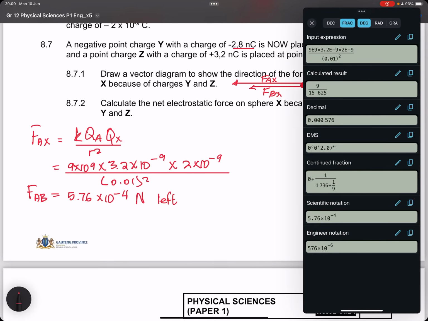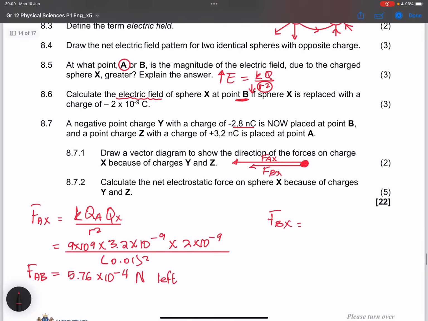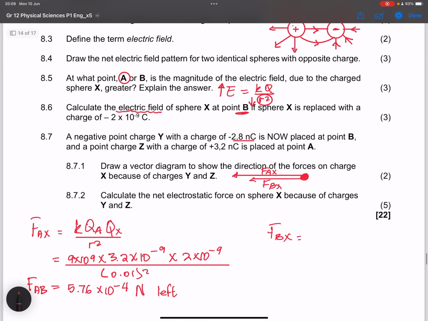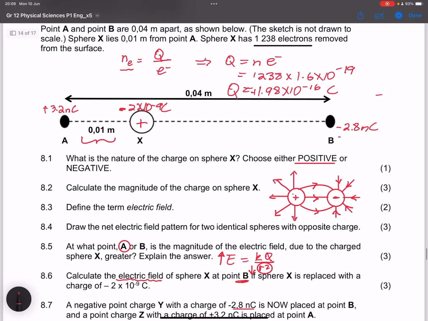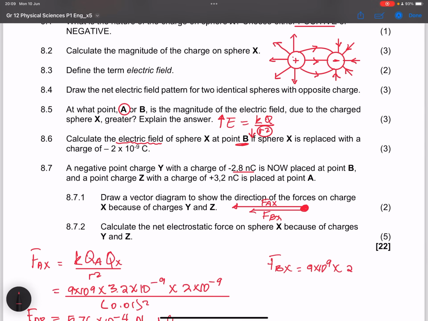So now I need to find out what is the force of B on X. Again, we're going to do the very same thing. So I'm just going to substitute the values there. So this would be 9 times 10 to the 9. The charge of point B, that's 2.8. And please note that you do not need to substitute the signs. Okay, and we know that X is 2 nanocoulombs.